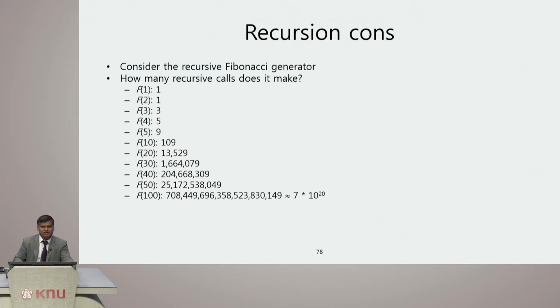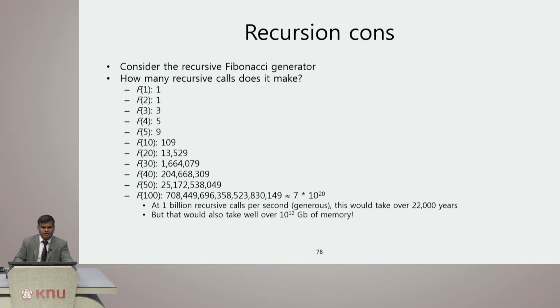Well, what's wrong with this? At 1 billion recursive calls per second, if your computer is fast enough, it would take over 22,000 years. Well, that's where we have to be careful when it comes to recursion.